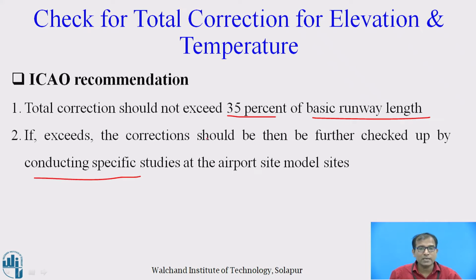So for this example, we see whether the length increased in the previous 698 meter increases more than 35% or not. If it is less than 35%, you can proceed to apply the gradient correction. Now we will see whether the length is more than 35% or less than 35%.